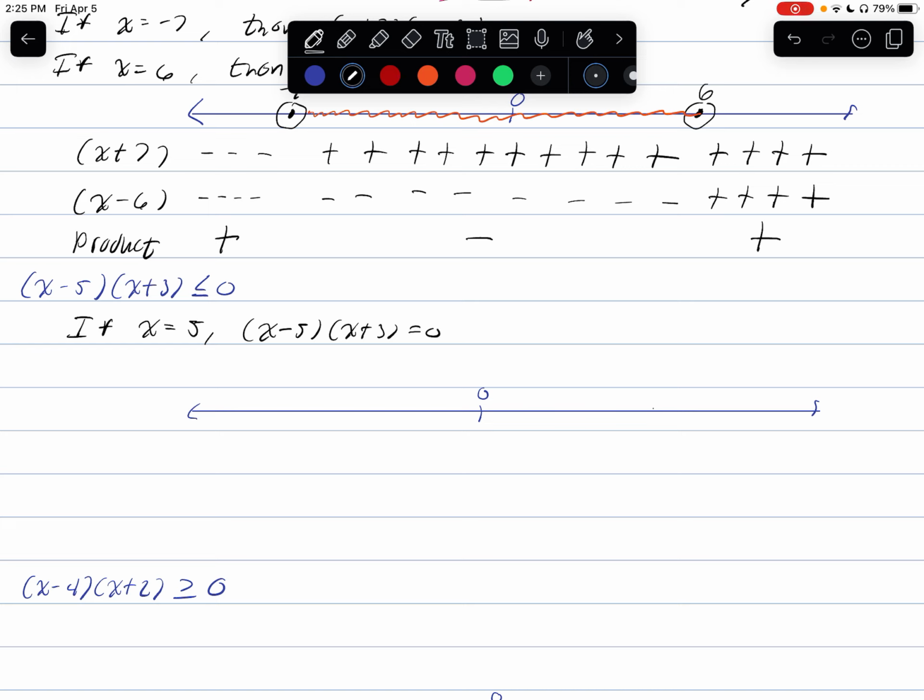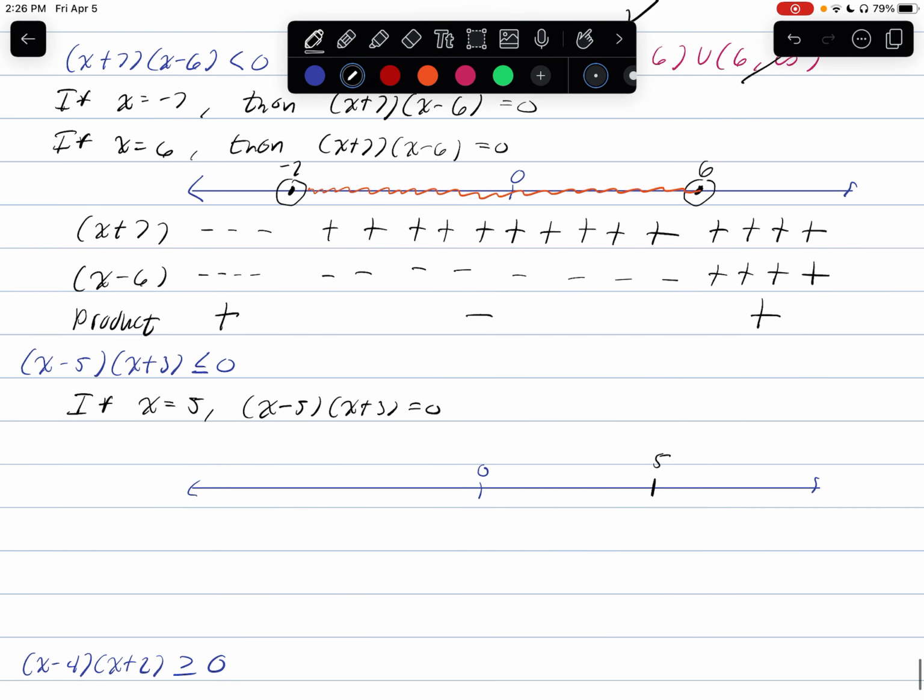So we're going to put a point of interest here at x equals 5. And then we also have a point of interest at x equals negative 3. If x equals negative 3, x minus 5 times x plus 3 is also equal to 0. So we can put in negative 3 as our other point of interest here.